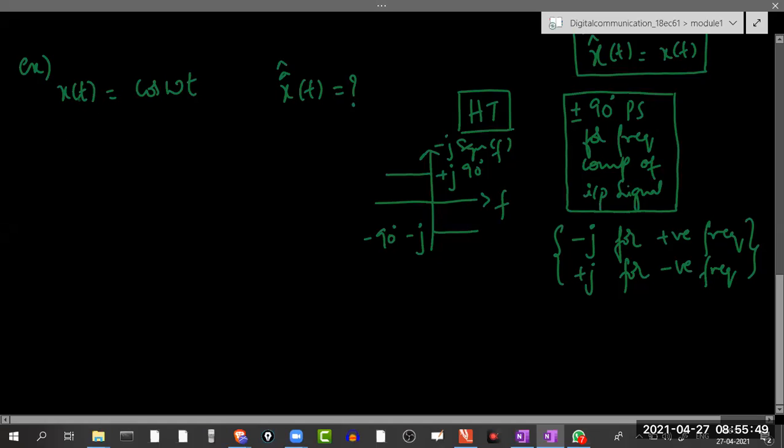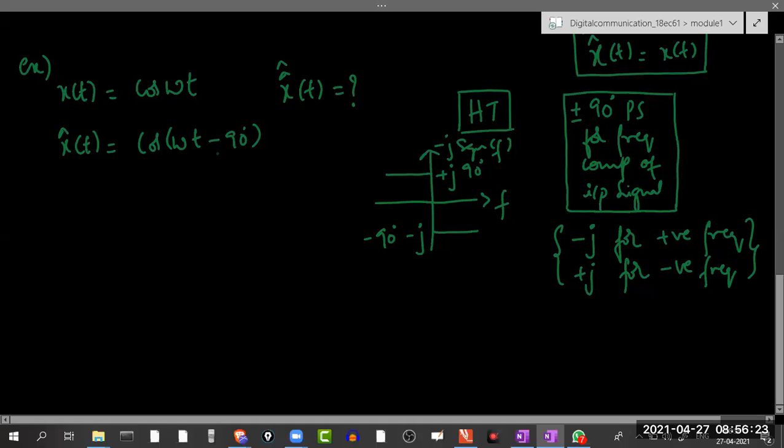If I were to analyze it in time domain, I can think of x cap of t to be equal to cos(omega t minus 90-degree). But here is a problem. Here the bracket should have been at this place. So x cap of t can be thought of like this, but we don't know where exactly this cosine function is starting.